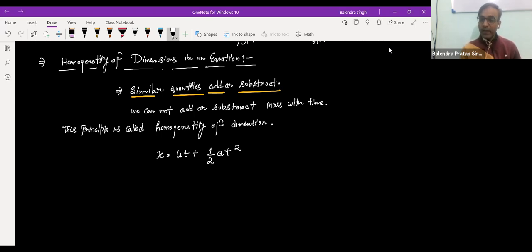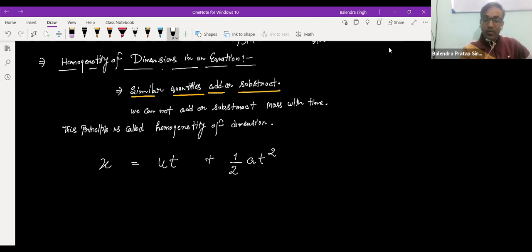Okay, so on the left hand side, this x is basically displacement. x is equal to ut plus half at square.